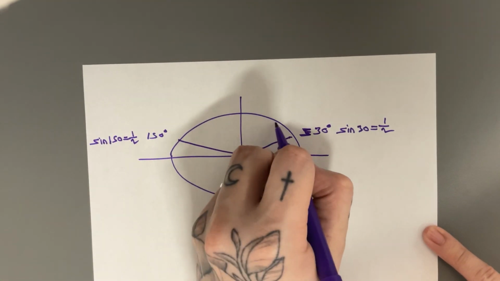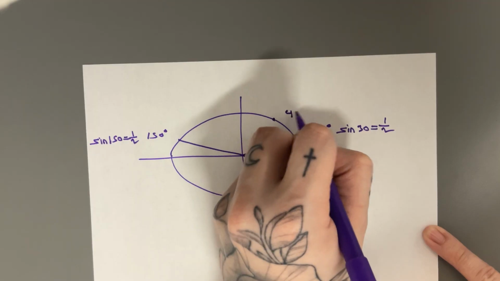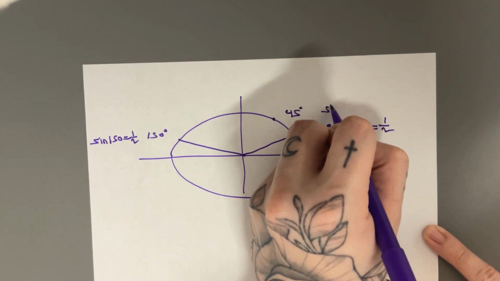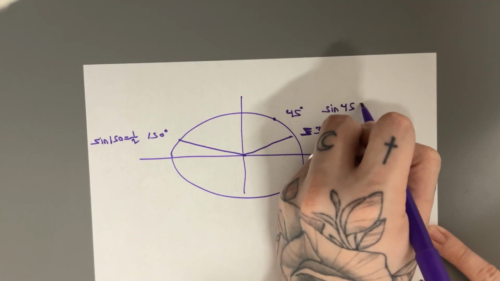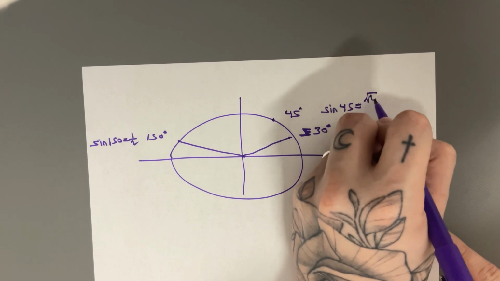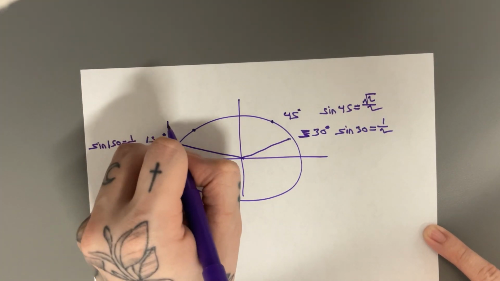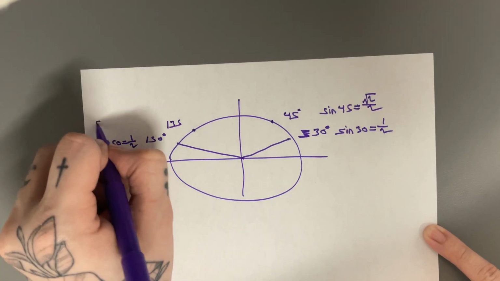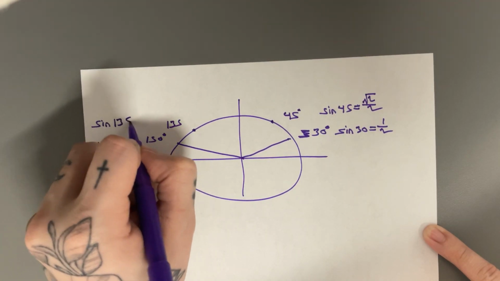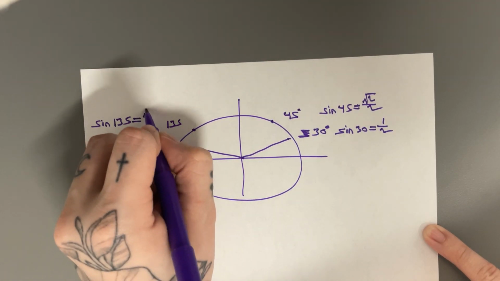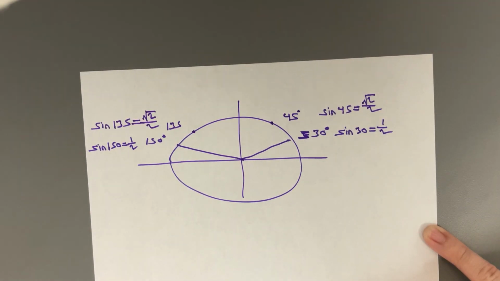Now, if I do the same idea for, say, 45 degrees, sine 45 is going to give me √2/2. And then if I come over here and do 135 degrees, sine 135 is also going to give me √2/2.